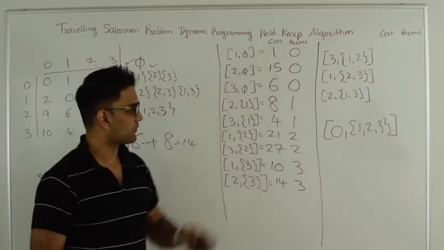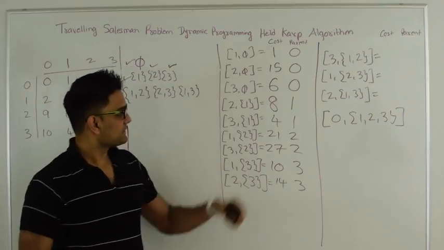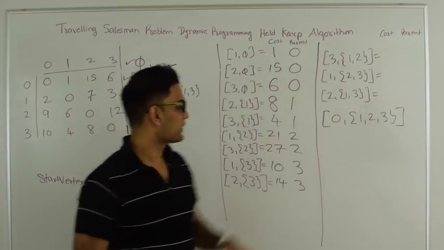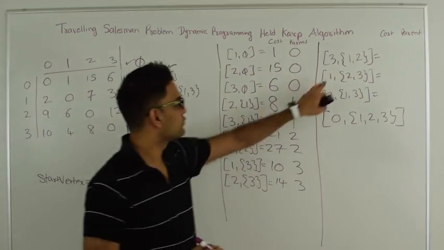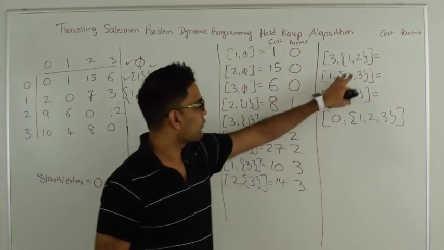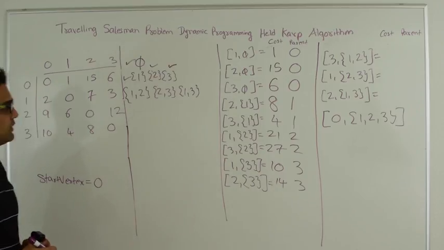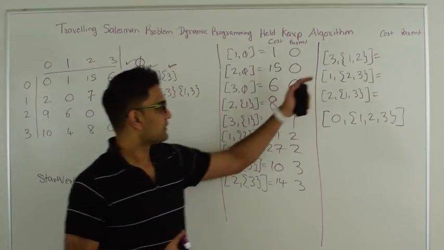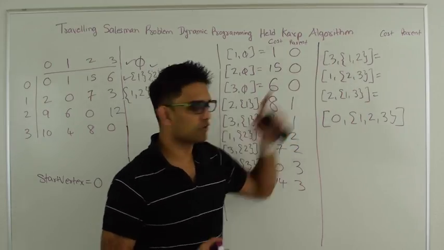So let's continue to fill rest of the values. So next is 3, subset 1, 2 and 0. So basically trying to find what is the minimum cost to reach 3 going via vertices 1, 2 from start vertex 0. So there are two options here. The vertex right before 3 could be 1, or the vertex right before 3 could be 2.